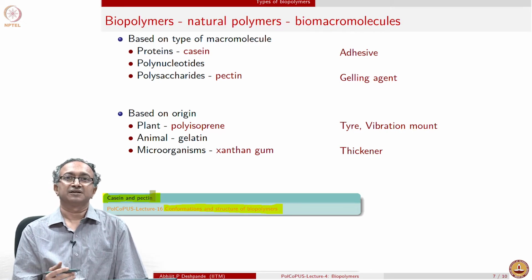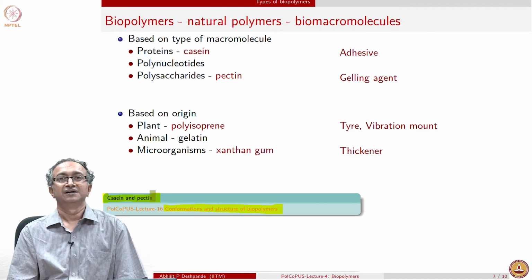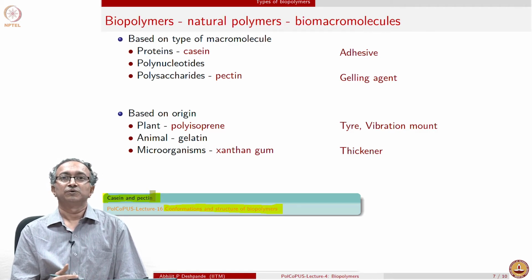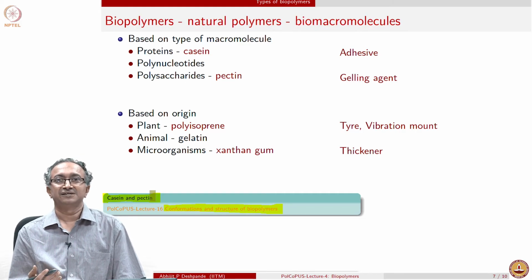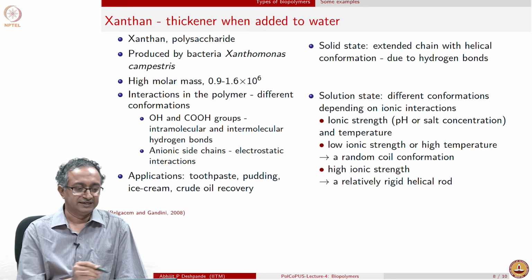Just to remind you that these biopolymers are used quite extensively in various applications, and so it is important for us to recognize and understand concepts related to these biopolymers and how they are relevant in terms of being a model system for us to design new sets of materials from a sustainability point of view. So, let us look at xanthan gum as an example.